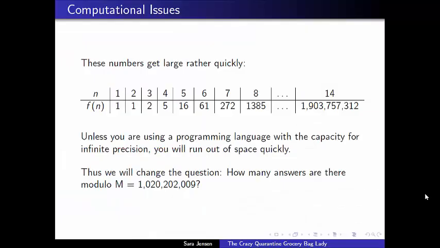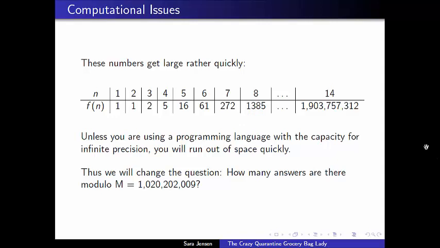However, we are going to run into some computational issues. For one, the number of possible arrangements grows very, very quickly. We have done all of our examples here in these first couple of cases, which are pretty reasonable to draw out by hand, but we're going to lose our ability to do that at a very fast rate.